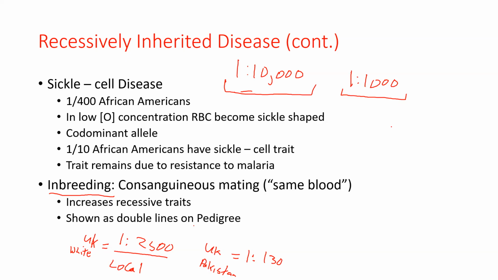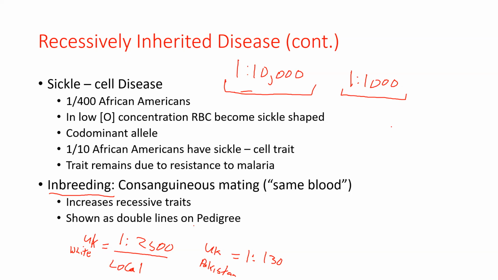If you are a Pakistani from the UK and you're only reproducing with your cousins, and cousin marriages are extremely common in Pakistan, and when I say extremely, I mean it's the norm for them, it means now within that population of Pakistanis, you are breeding amongst the 1 in 1,000 chance.